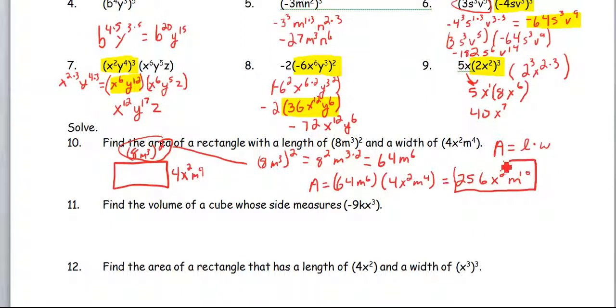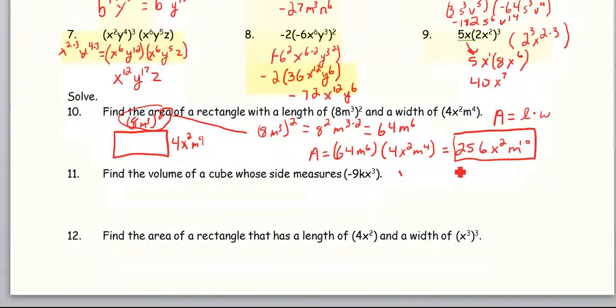Alright, so for volume of a cube, volume is equal to the length of a side cubed. So I would write this: -9kx to the third, that's the side, so that's s, and then I raise the whole thing to the third.